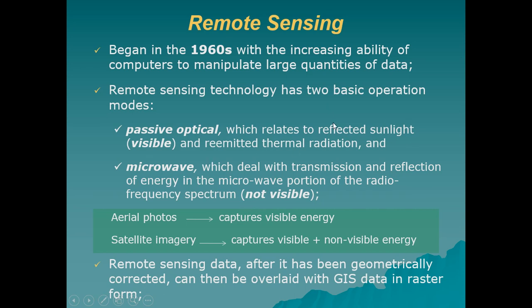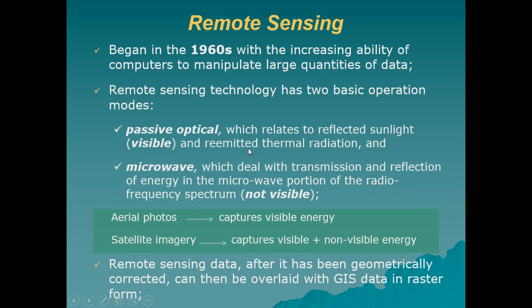The reflected sunlight is usually what is visible to us, and also what is re-emitted through thermal radiation. So for example, when concrete surfaces get heated up and release that heat, if you look carefully, you can actually see how the air bends with that heat being released. All right, so this is one category.